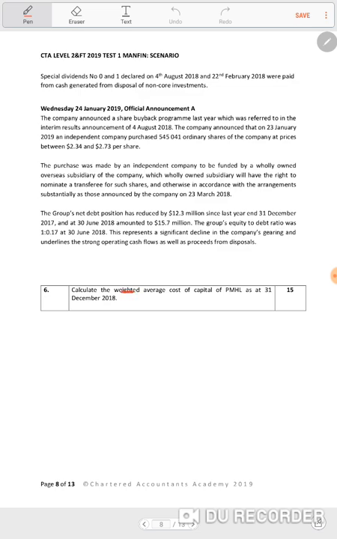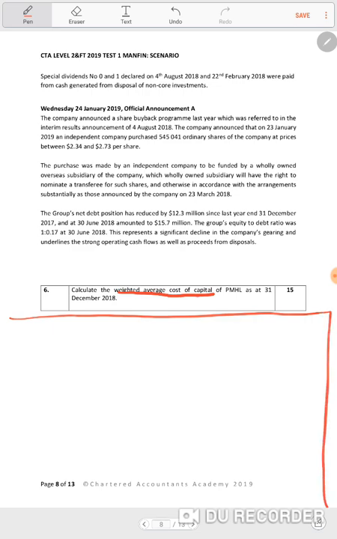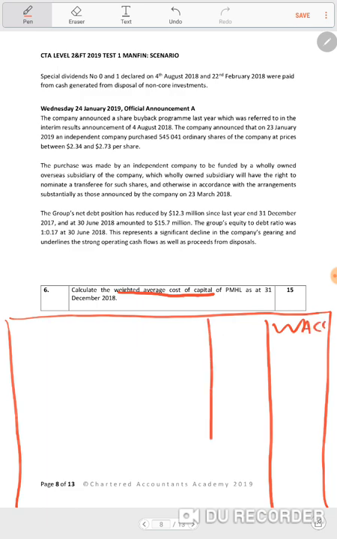So we were asked to calculate the weighted average cost of capital. That means our solution has to have a weighted average cost of capital. So on your solution page, you must have your work calculation. So let's just say this is my work calculation. You have your work here, and then you have your cost here.